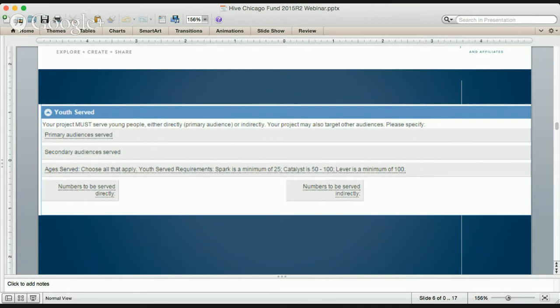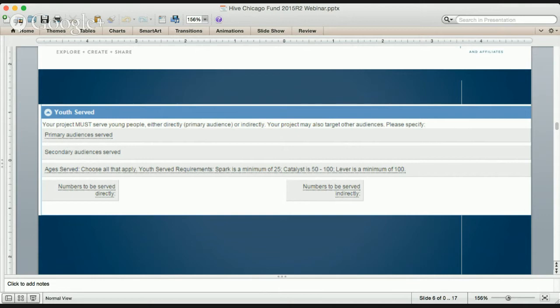And then the indirectly served are those who, if the project involves building a website around a particular topic, it would be all of those you'd expect to serve indirectly through their access to that website.